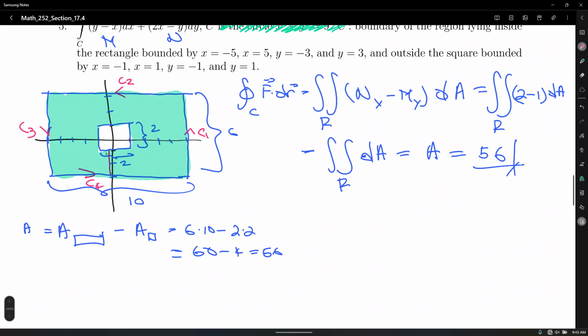I would have to go here, C5, C6, C7, C8, C9, C10, and back C11, C12. Do you feel like parameterizing 12 curves?